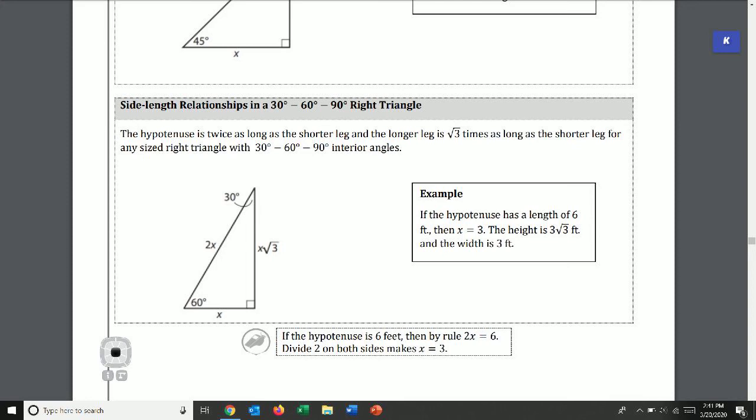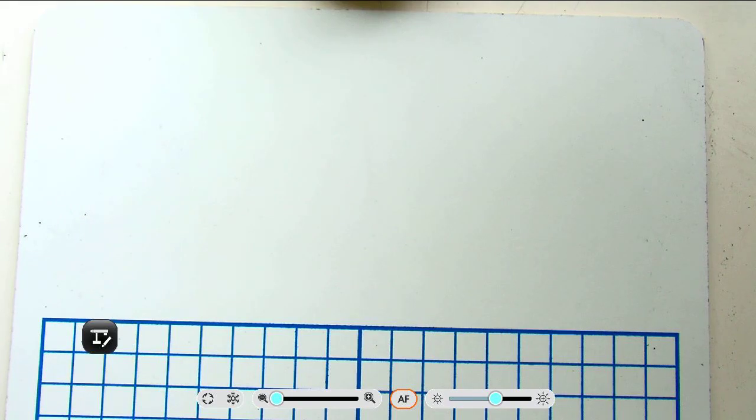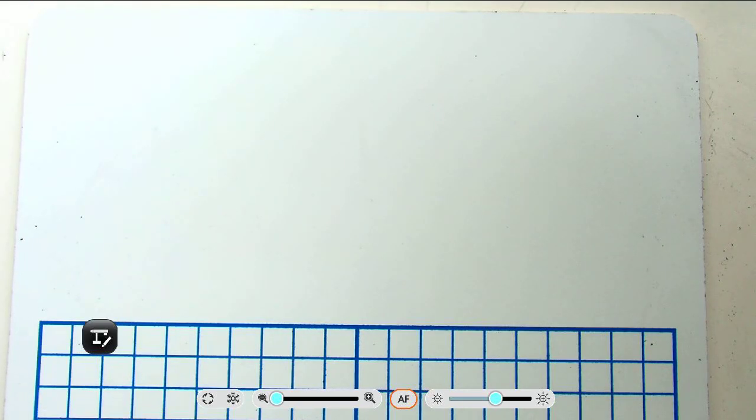So first let me write our equation. So a 30, 60, 90.